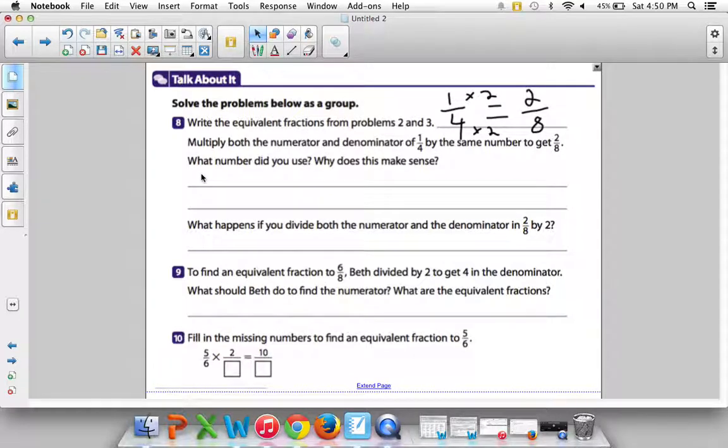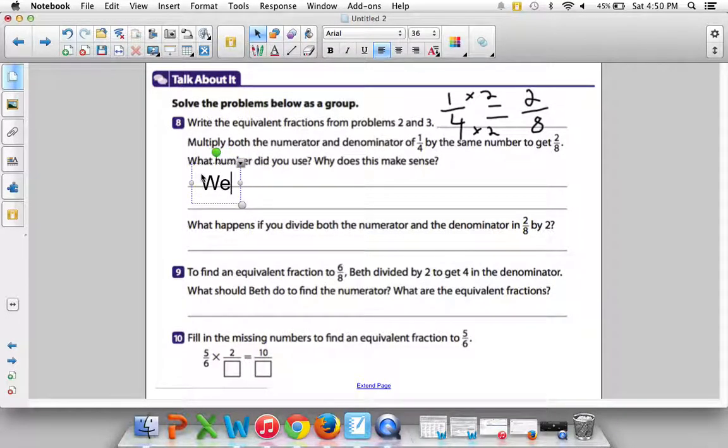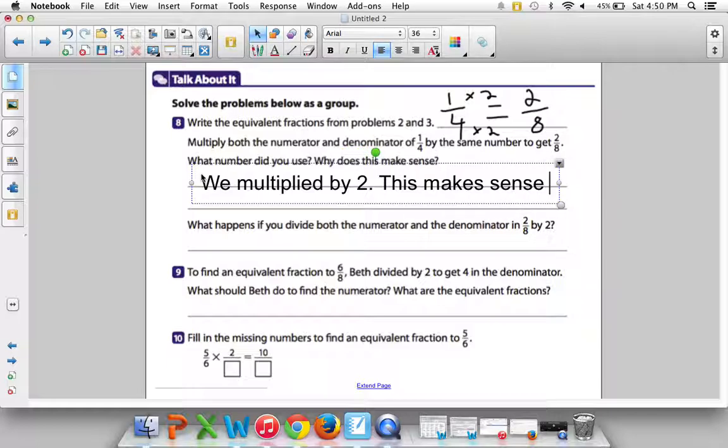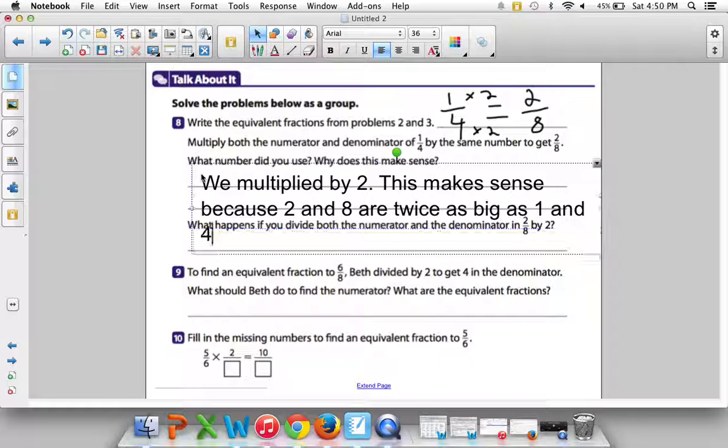Let's write that. We multiplied by 2. This makes sense because 2/8, because 2 and 8 are twice as big as 1 and 4.